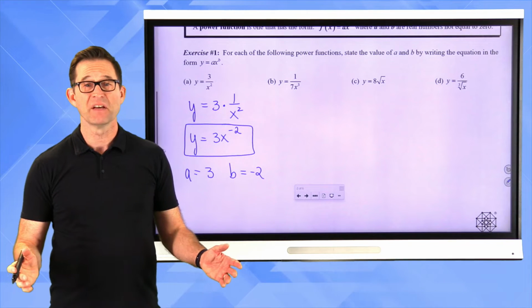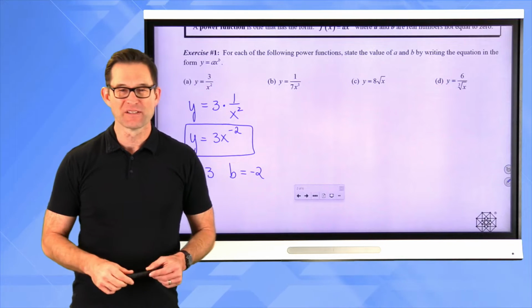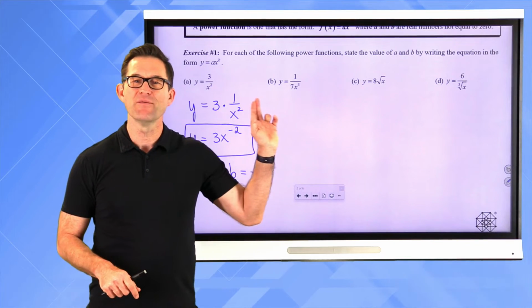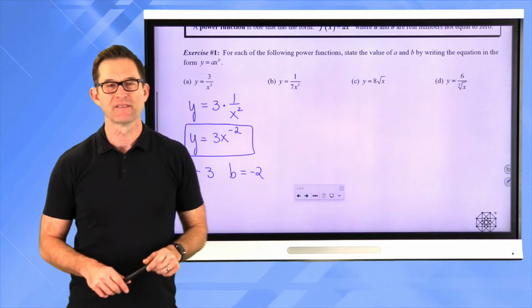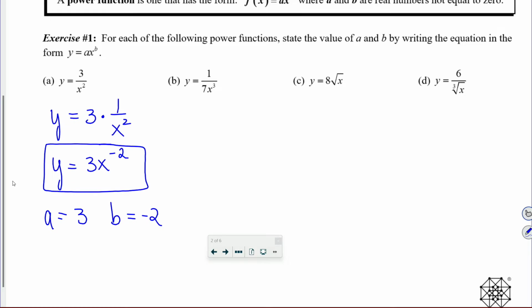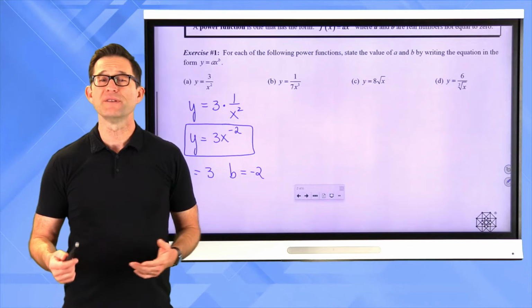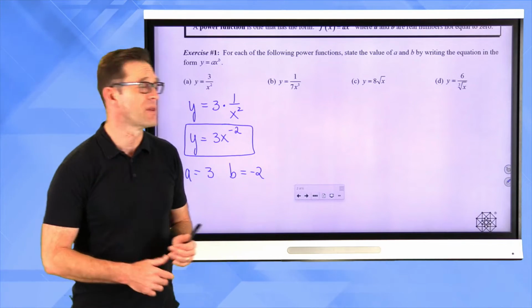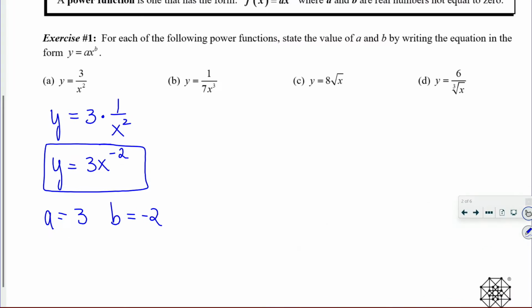All right, that's it. What I'd like you to do is pause the video right now and see if you can do the same thing for letters B, C, and D. All right, these are all pretty similar and fairly simple manipulations, but you never know. So in letter B, we have 1 divided by 7 times x cubed.